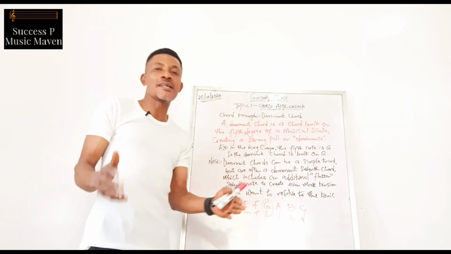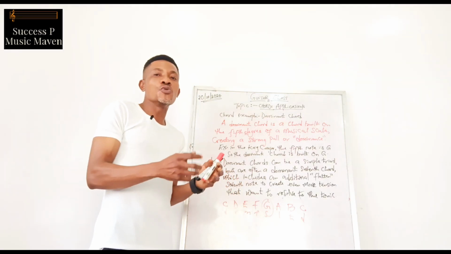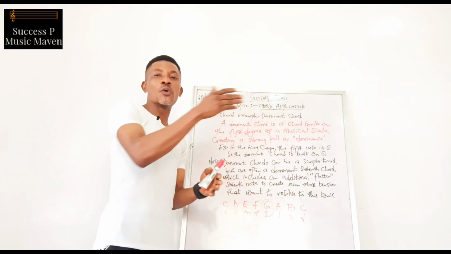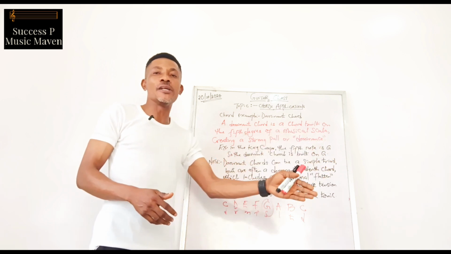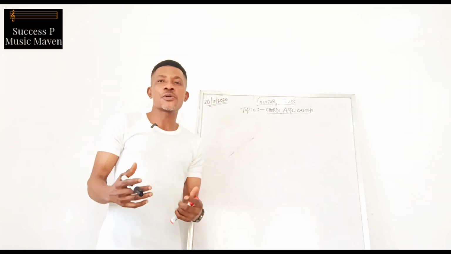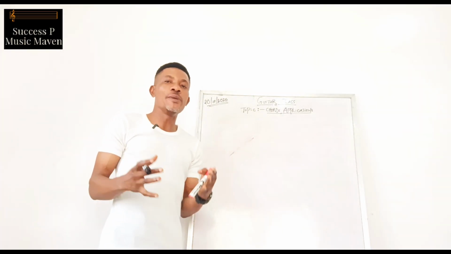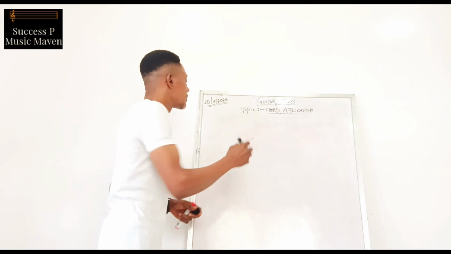So we can say that this dominant chord allows us to resolve to where we are going. We can use this as a passage to where we are actually going. Okay, I'm going to dish out an example. So let's build a dominant chord from the key of C major.